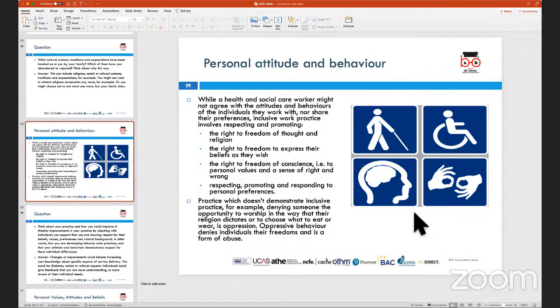And we do not differentiate because of the disability or any sort of disadvantage an individual will have while providing care.